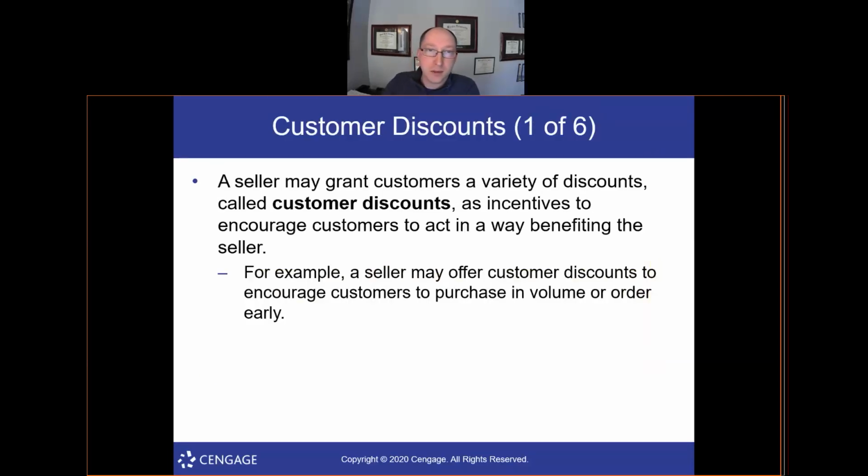Okay, customer discounts. A seller might issue a customer a discount for various reasons. We call these customer discounts. These are incentives for customers to purchase stuff, right? Think of it this way: you went to Macy's. They had a sale.